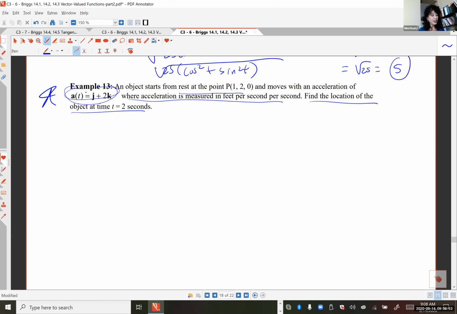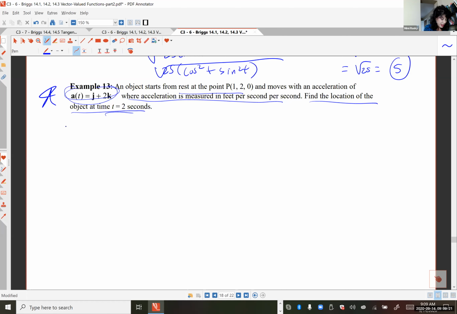Then I'll use my initial velocity to get the overall velocity vector. And then I'll integrate again, because integrating velocity gives me position, and then I'll again have a plus a constant of integration, and then I'll use the initial position to get that constant vector. And finally, at the very end of all that, I'll plug in time t equals 2 seconds.